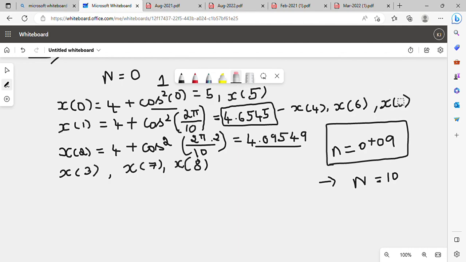By this you can say that your small x of n is equal to, I'll also prove that, okay, don't worry. Small x of n is equal to my x of capital N minus small n, right?